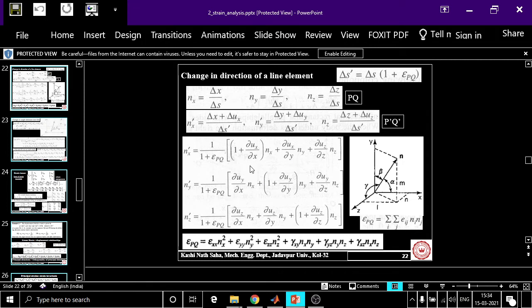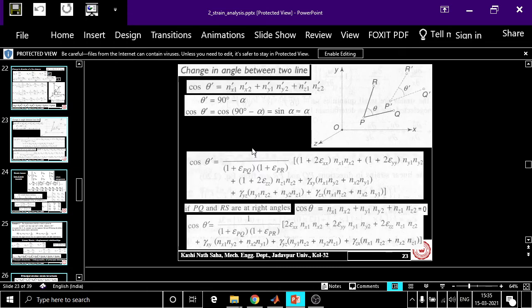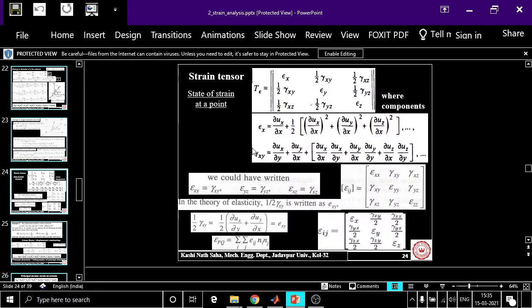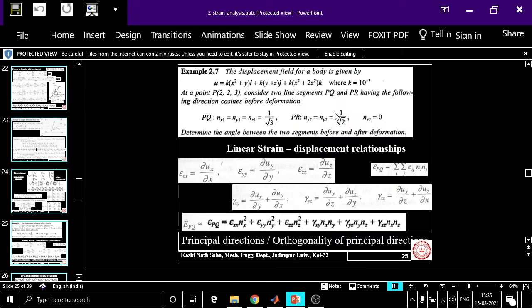So if we calculate these, actually here we require these things, right? So it is better to change these distance equations. That is true.